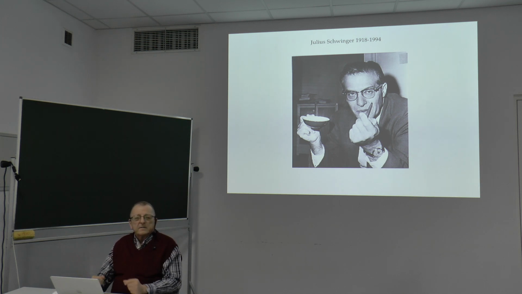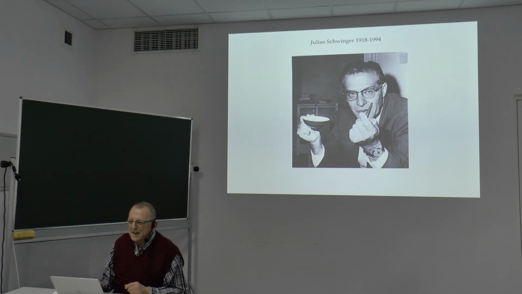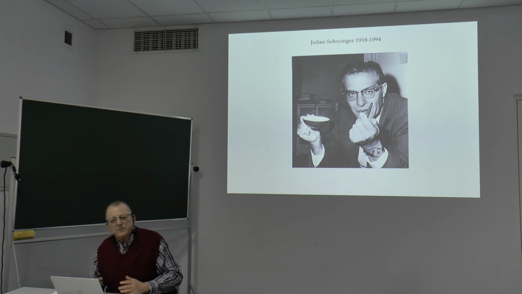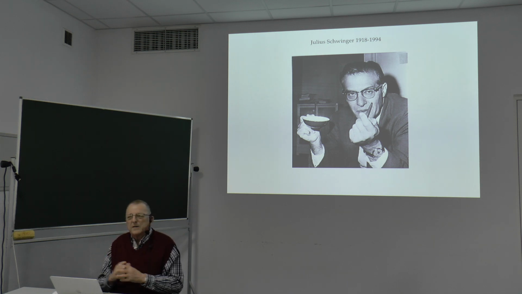And Feynman, of course, in a different way, and Tomonaga was, in some sense, I should say, a conventional physicist. He was just doing a brute force calculation without trying to develop a new method of solving these problems.